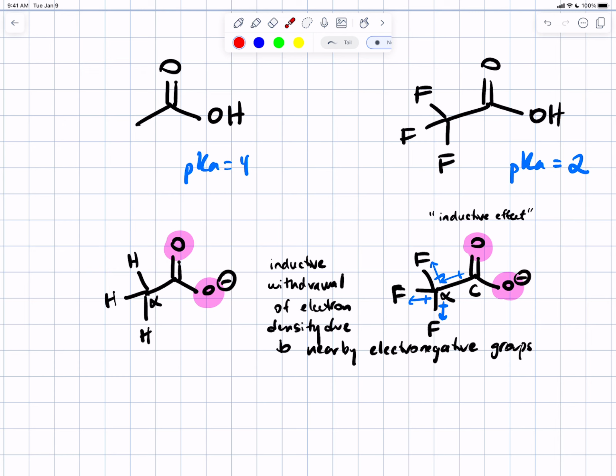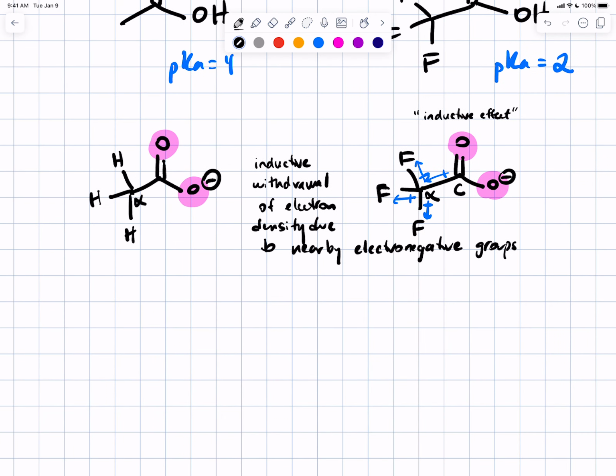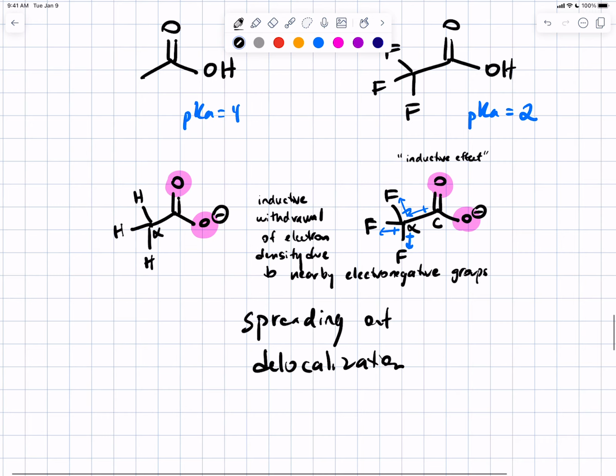What's different here is at an adjacent position, you have electronegative groups that can shift the electron density of the molecule, pulling electron density away from the place in the conjugate base where there's a lot of negative charge, okay? And so this is an example of delocalization. We're delocalizing some electron density by pulling on it with electronegative groups.